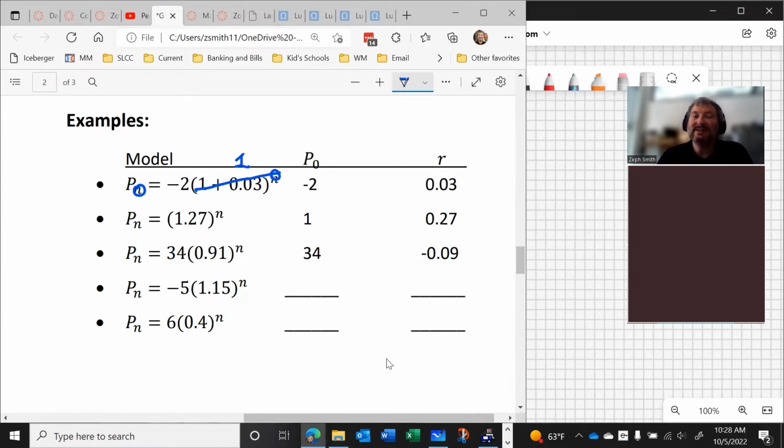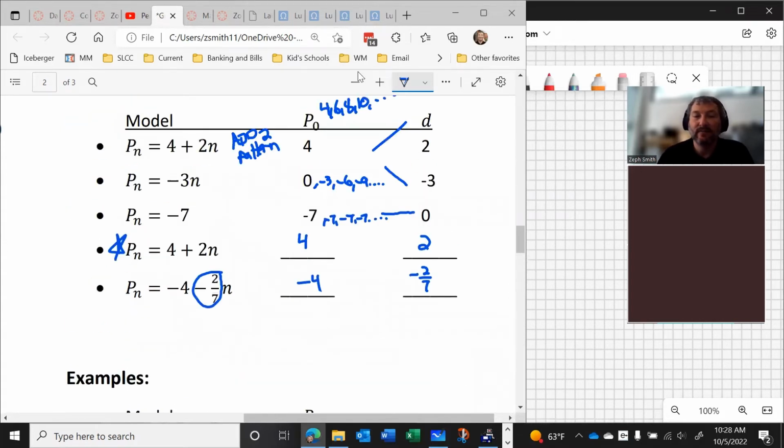So you don't necessarily have to remember that the coefficient of this exponential term is P sub 0. You could just plug in 0. If you plug in 0 on this one, 1.27 to the 0 is 1, etc. Same thing up here. If I plug in 0 here, I get 0.